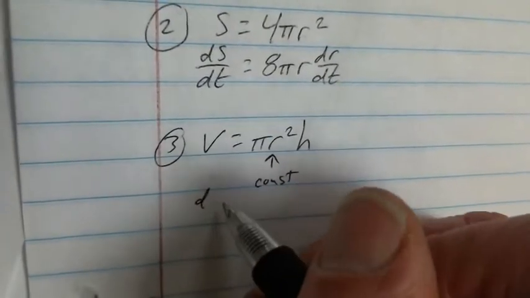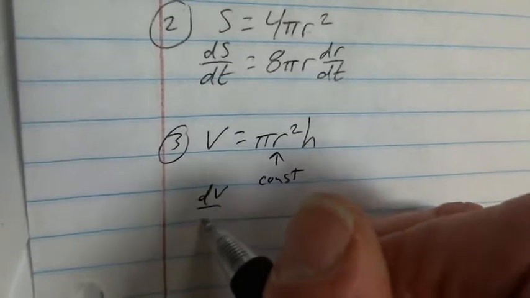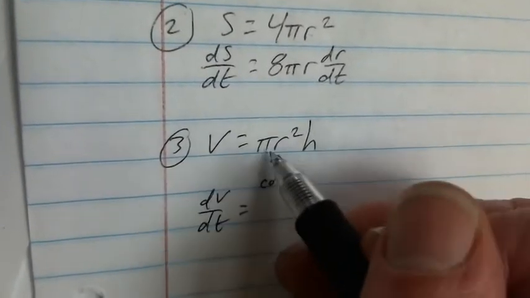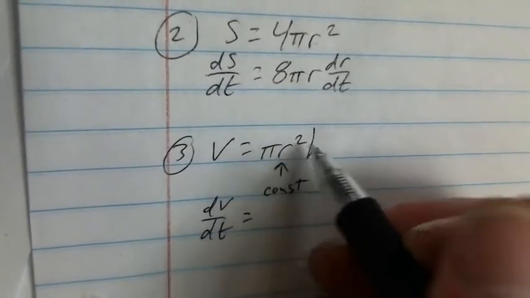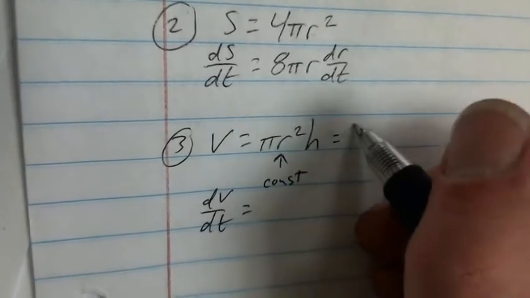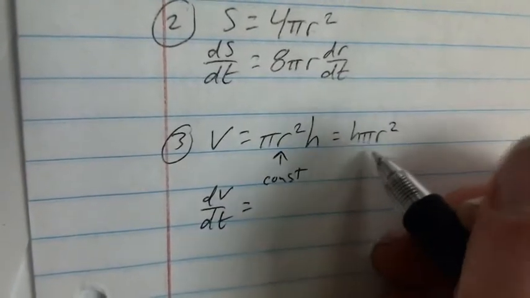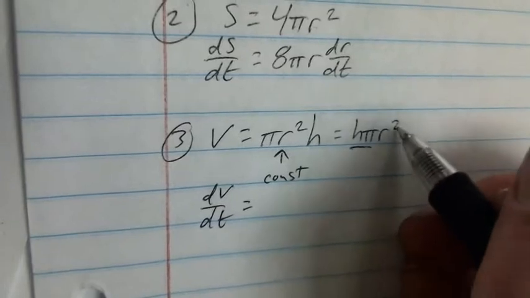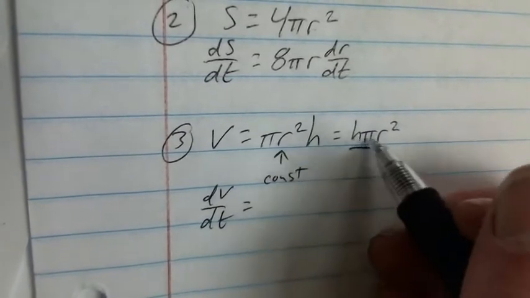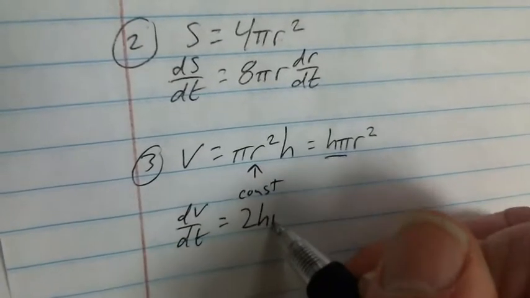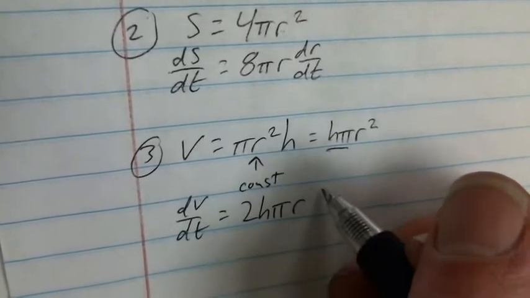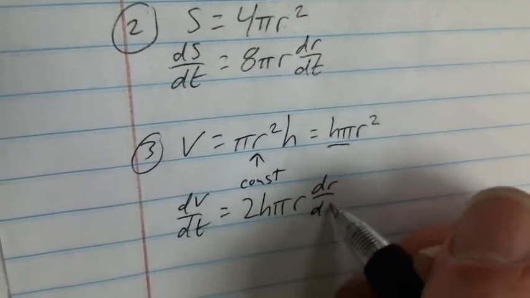So we take the derivative with respect to t on both sides, get dV/dt. So h pi is what we're looking at. So let's rewrite this. This would be like h pi r squared, where all this is the constant. So 2 times pi, or h pi, is 2h pi r to the first dr/dt.